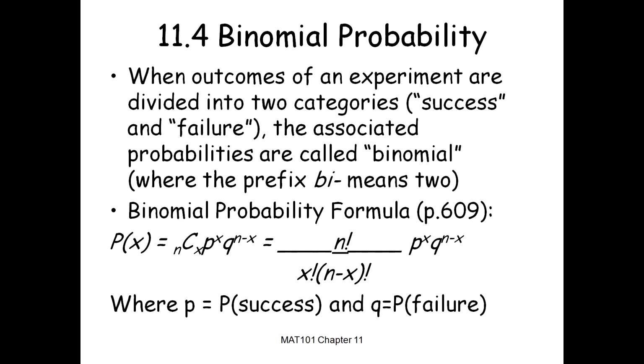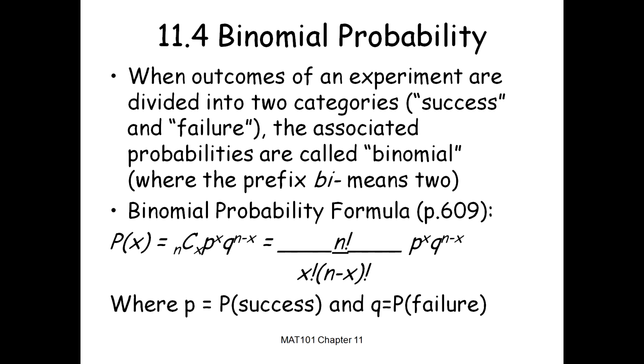This is when we have outcomes of a probability experiment divided into 2 categories, success and failure. The associated probabilities are called binomial. The prefix bi means 2, as in a biplane, which has 2 wings, or biannual, which means every 2 years.